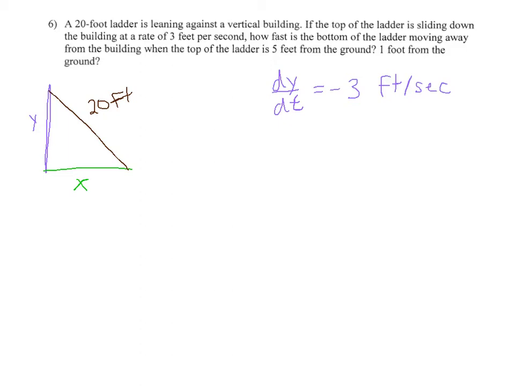Since we want to find out how fast the bottom of the ladder is moving away from the building, I labeled that x. So we're going to be finding dx/dt when x equals 5.